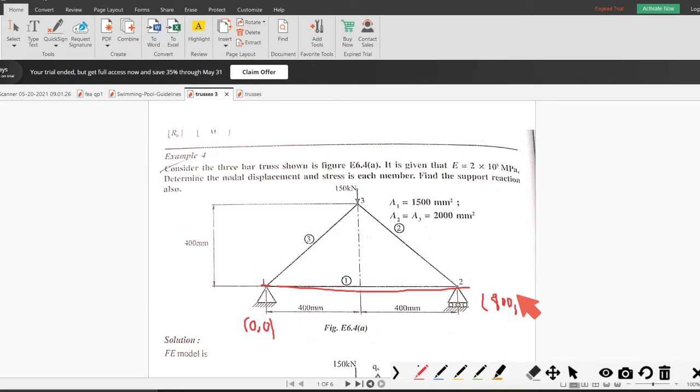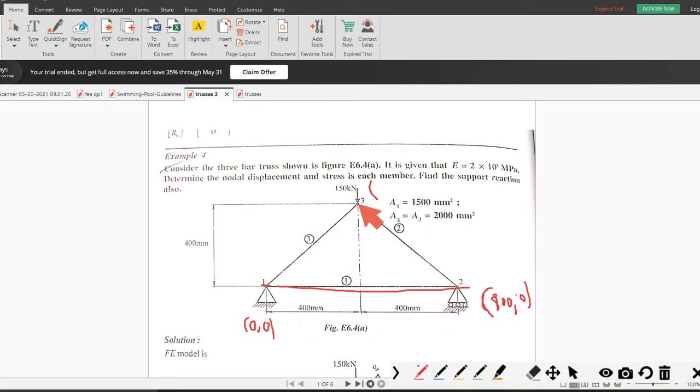800, comma what? Y coordinate how much? 0. What about here? What is the coordinate here? 0, 400.